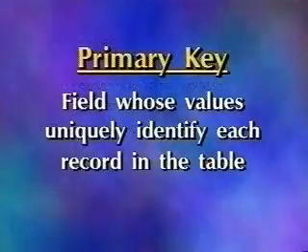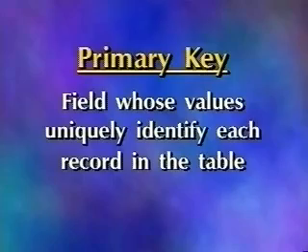The primary key is a field whose values uniquely identify each record in the table. In other words, if we make the customer ID field the primary key, no two customers can have the same ID number, and each record can be identified by its customer ID field. And if some of this stuff like primary keys is confusing, just hang on. Once we start entering data and using tables, it'll all make a whole lot more sense.